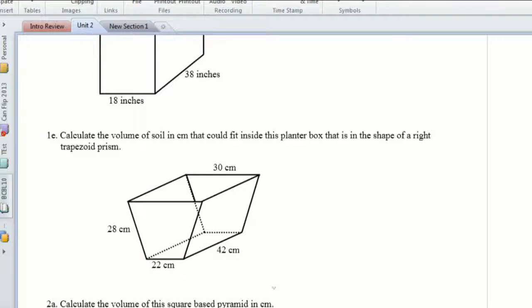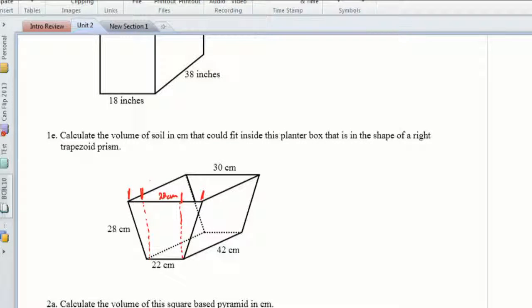There's no formula on our formula sheet for trapezoidal shapes, so we're just going to have to use some common sense and think about what this shape really looks like. If I draw some dotted lines up here, this is going to be 22 centimeters. I end up with a couple of triangles and a rectangle.